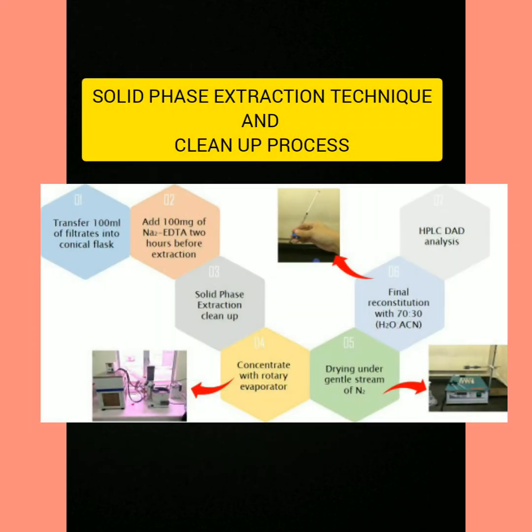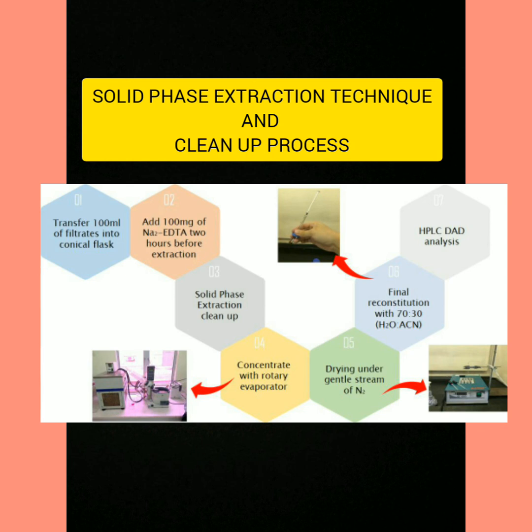Next is the solid phase extraction technique. Here are a few steps for sample extraction. First, transfer 100 ml of filtered sample into a conical flask. Second, add 100 mg of sodium EDTA 2 hours before the extraction. Third, solid phase extraction is started.